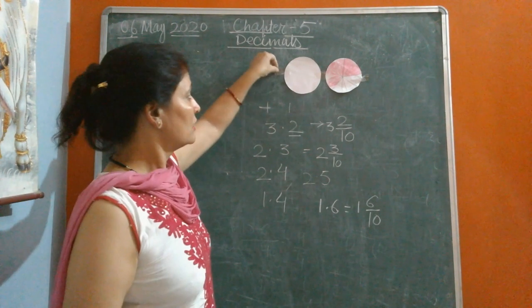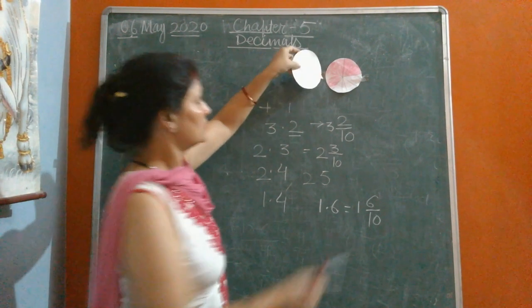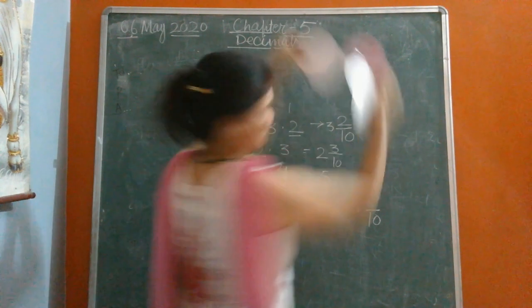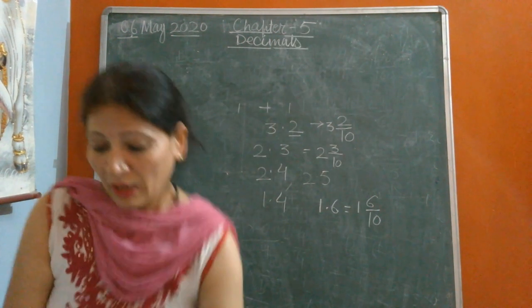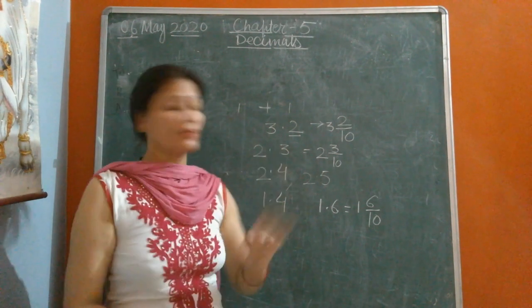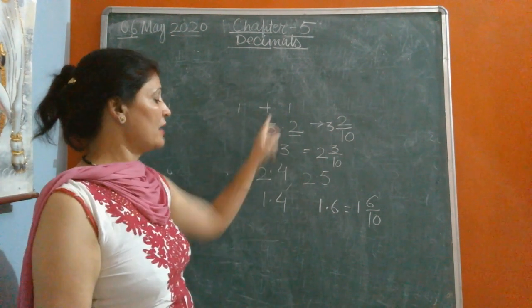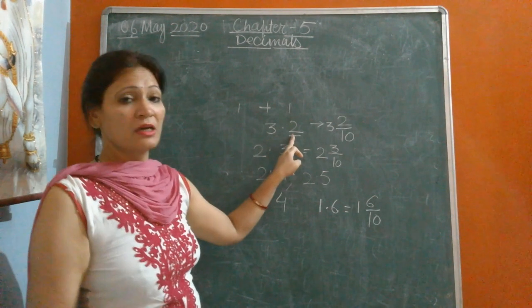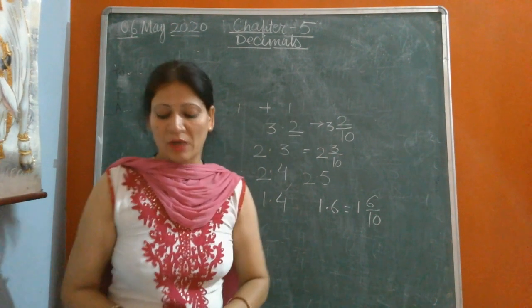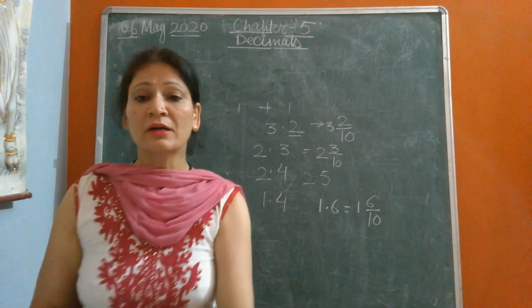Now, next, combine whole and decimal. I have told you these are combined, and the decimal point comes after the whole number. Now, how to read the decimal?